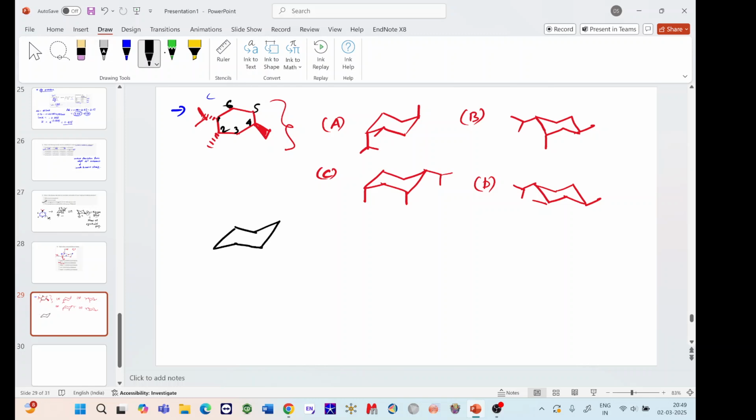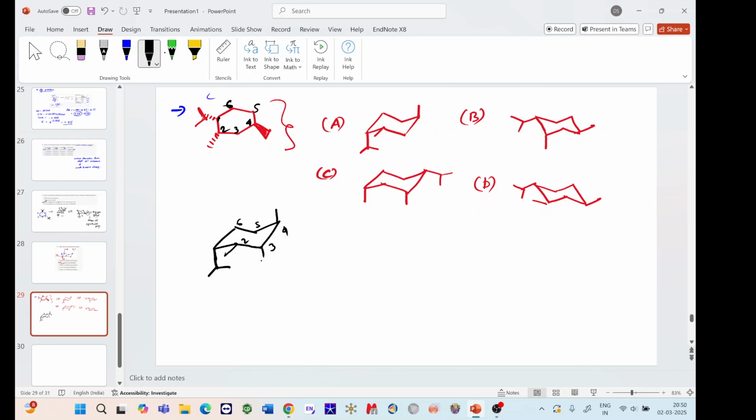Option B. Okay, let me check it. So if I consider this one, 1, 2, 3, 4, 5, and 6. So this is down. This is down. 2 will be also down. That means here 3, 4. 4 will be on the top.